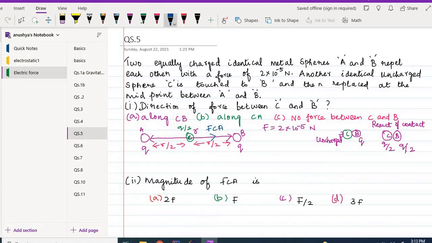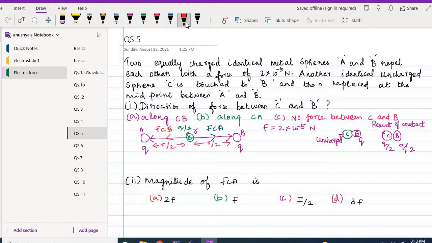Similarly, C experiences a repulsive force due to B. C is positive, B is also positive, so C is repelled by B in this direction. This is F CB.